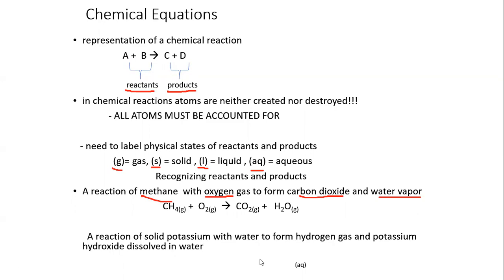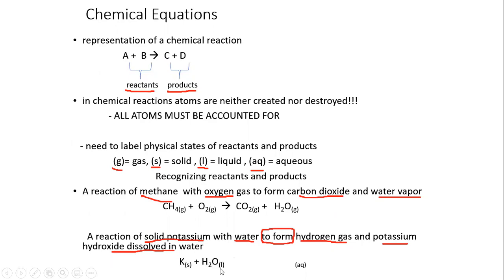In the next example, we have a reaction of solid potassium with water. And then you see it here again, to form, meaning we're going to products, hydrogen gas and potassium hydroxide dissolved in water. And so our reactants are solid potassium and water.